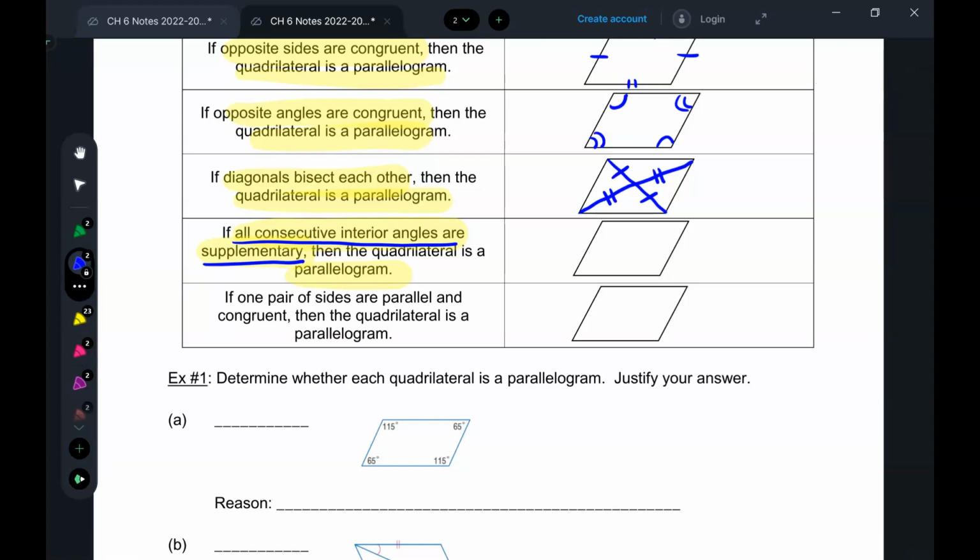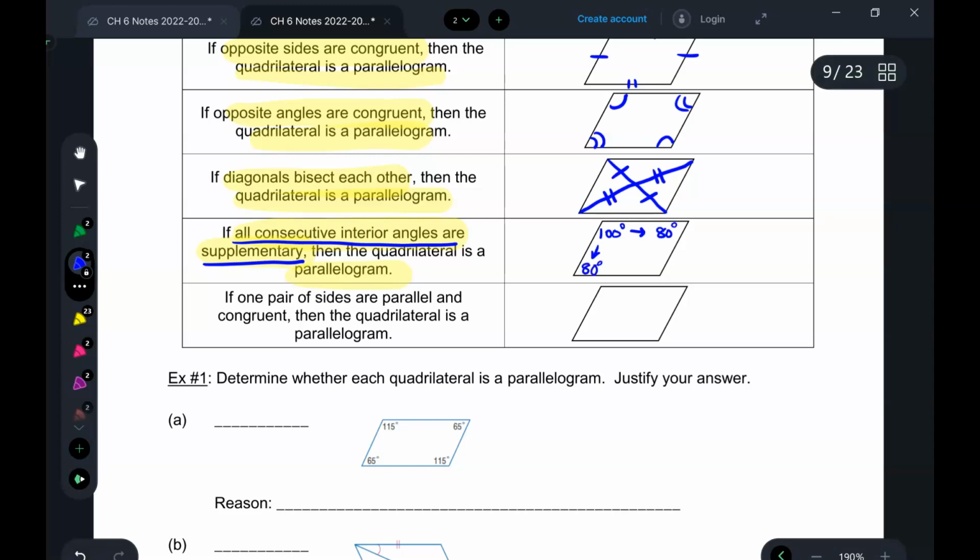Now, how would we draw this in our triangle? Maybe let's put actual numbers in. So maybe I'll make this 100. And then what would the consecutive angles have to be? If they have to be supplementary, then 180. Yeah, they have to add up to 180. So these would have to be 80.